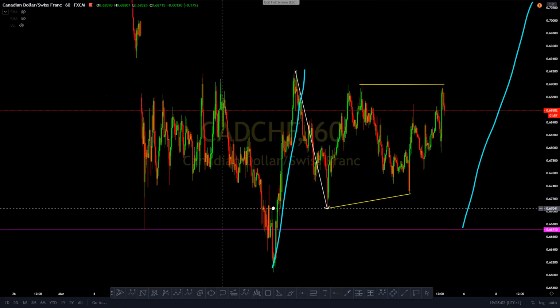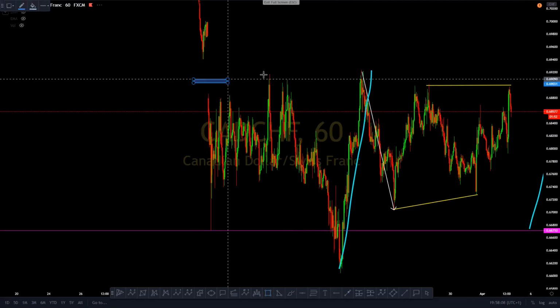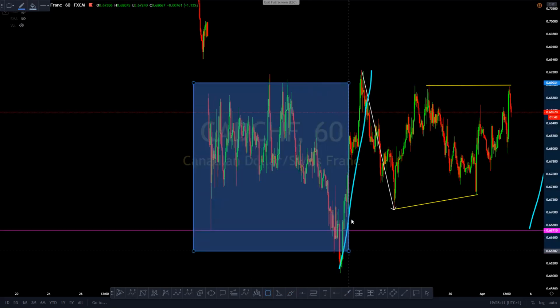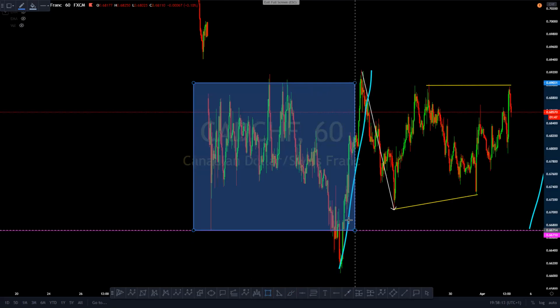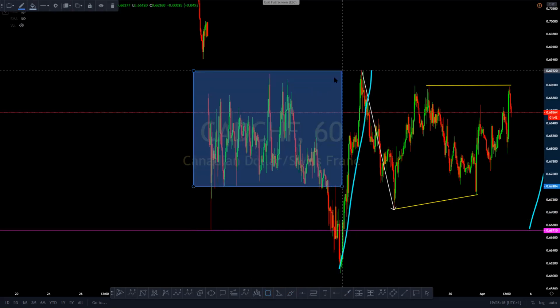Now let's look at the previous trend. You see this place? We have an impulse to the downside, a sharp impulse to the downside, right? Like this.